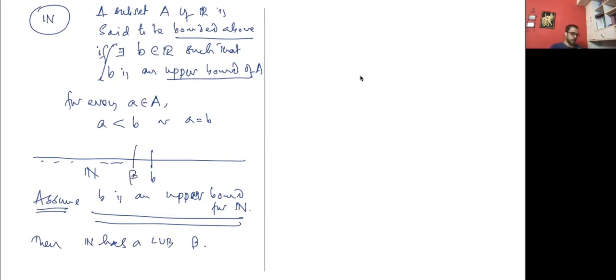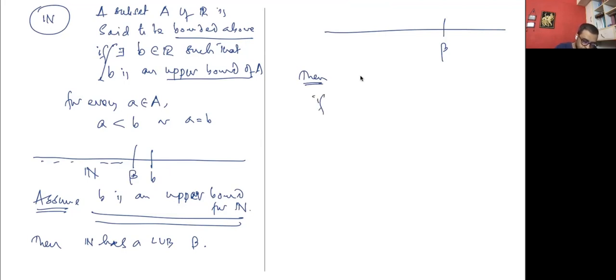Okay, what happens then? If beta is a least upper bound, that tells you that anything smaller than beta is not going to be an upper bound. That is what a least upper bound is, right? Then the following is true.